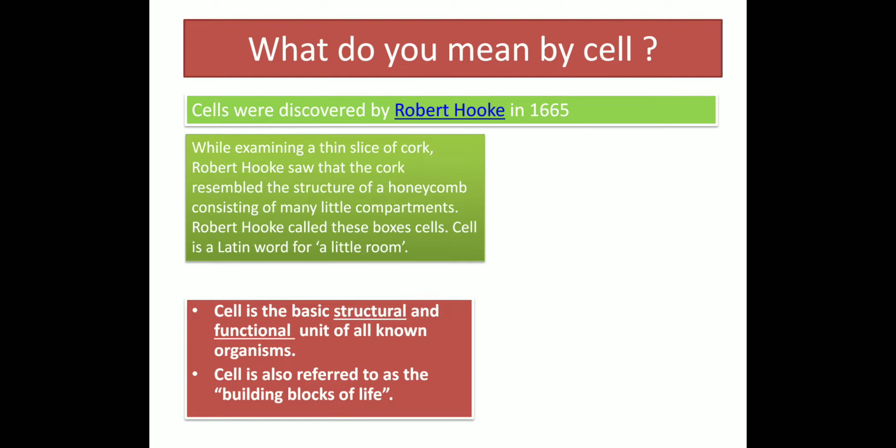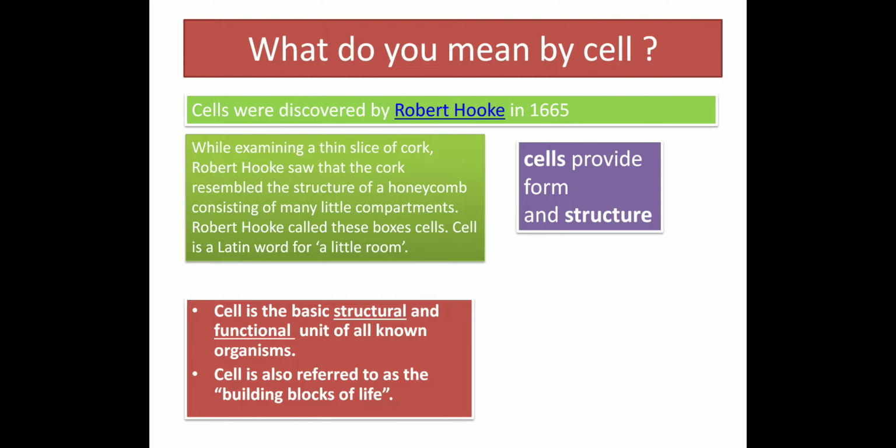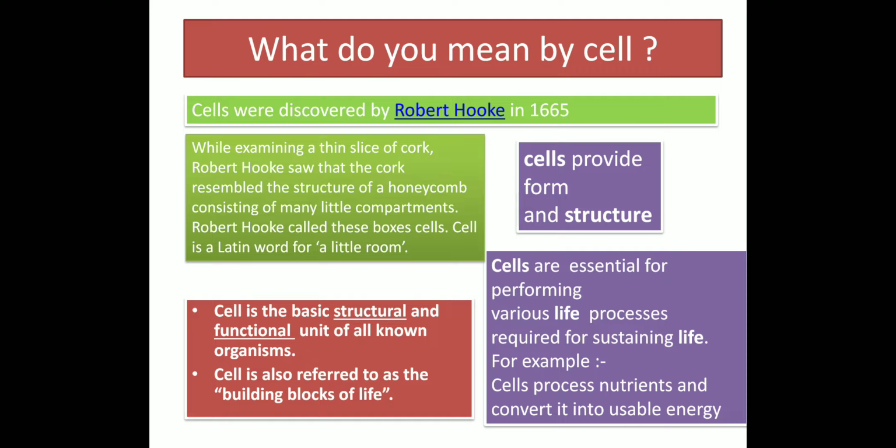Because, as we read, the cell forms the basic structure. It helps in the formation of structure, whether in single-cell organisms or in multicellular organisms, where groups of cells with different functions give different structures to the organism. Also, each individual cell is capable of performing different functions, so it is also called a functional unit of organisms.